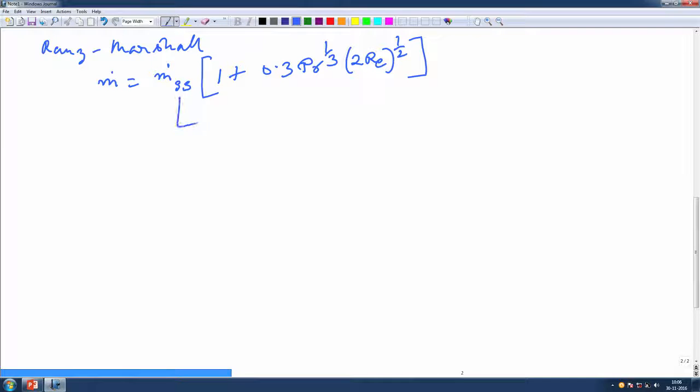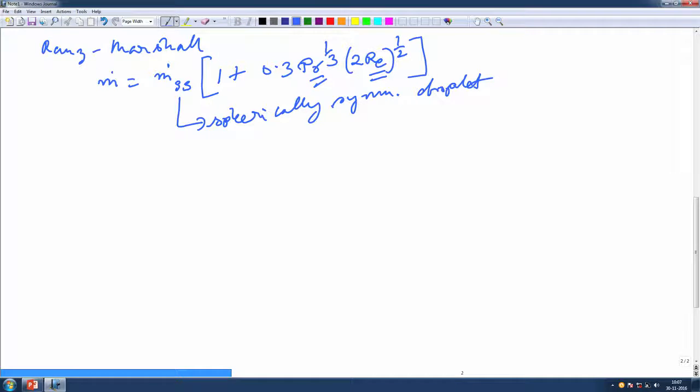This corresponds to a spherically symmetric droplet. You know the analysis for the spherically symmetric droplet. If you know the Reynolds number value and the Prandtl number, which are all gas phase, remember, we can predict the revised mass flux.